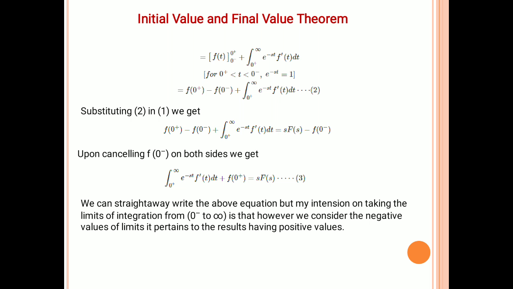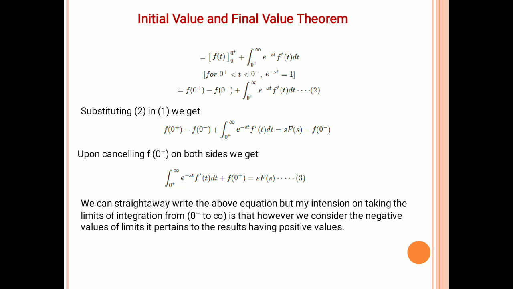Now, after integrating f(t), the limit is 0- to 0+, plus the integral from 0+ to infinity of e^(-st) f'(t) dt. So, this equals f(0+) - f(0-) plus the integral from 0+ to infinity of e^(-st) f'(t) dt.